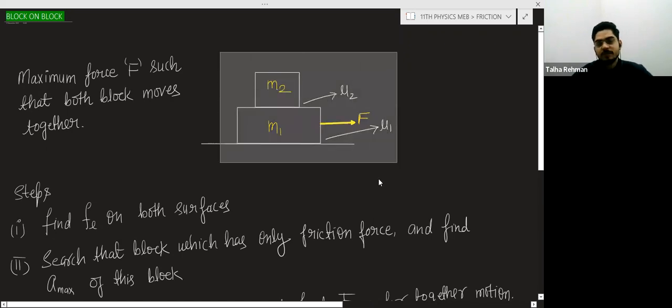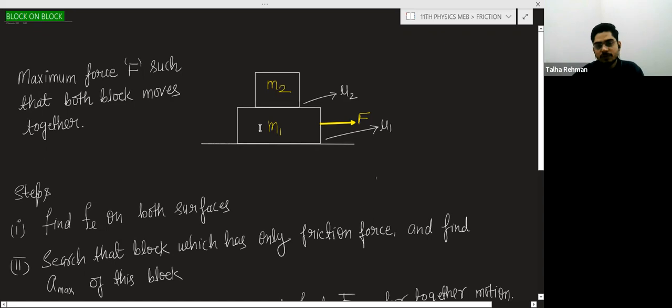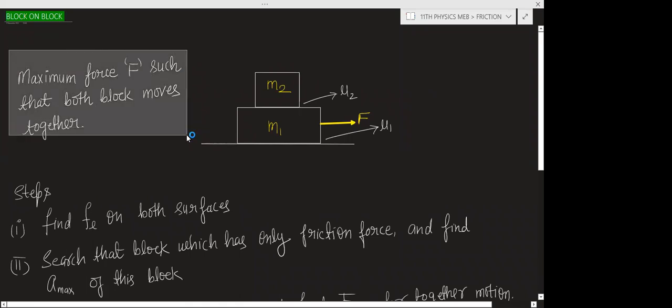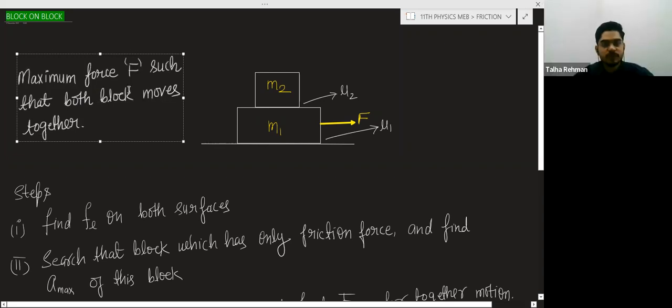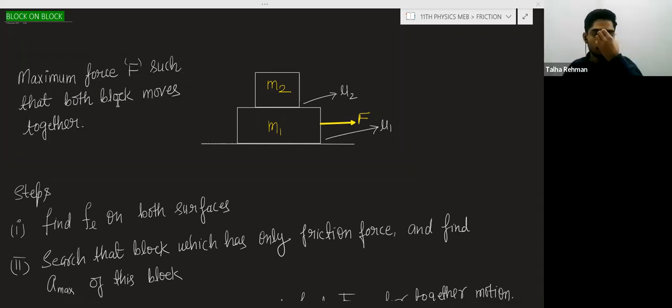Two blocks are there, one block on the other, and a force is applied on the block of mass m1. The coefficient of friction between this surface is mu1 and this surface is mu2, and we want to calculate the maximum force such that both blocks will move together.